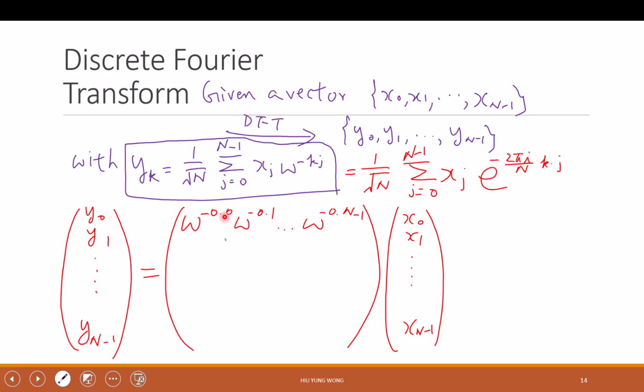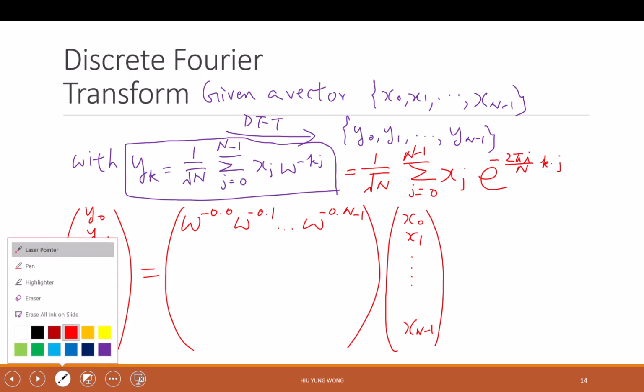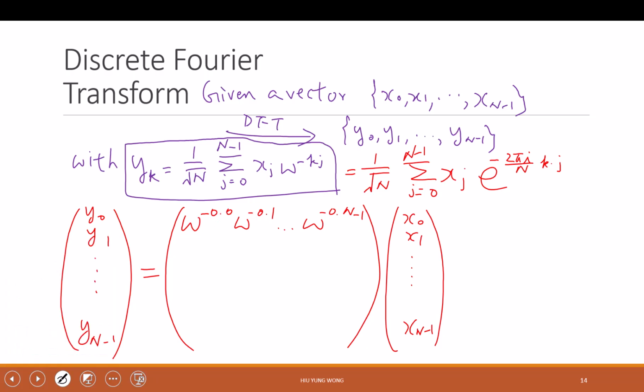Is that clear? Right? So basically, it means that the row has the index of y because it's determined by y. The column has the index of x. So this is row. Right? And then you keep doing that until the last one. Yn minus 1, of course, is negative n minus 1.